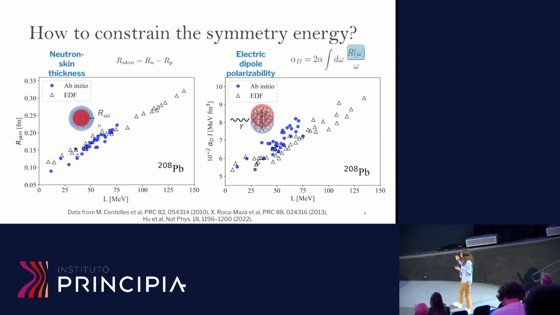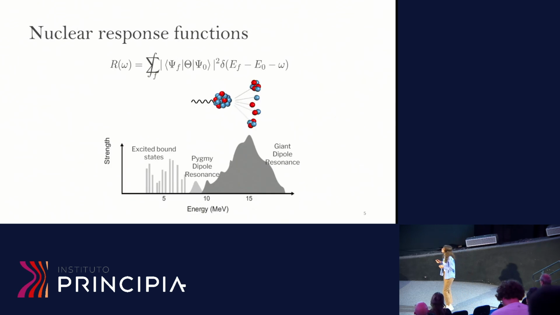As I am a theorist, I ask myself, how can I calculate this? You see here the definition of the dipole polarizability. It is an inverse energy weighted integral of this object here, which is the so-called response function. This was something that was already introduced by Sauri before.